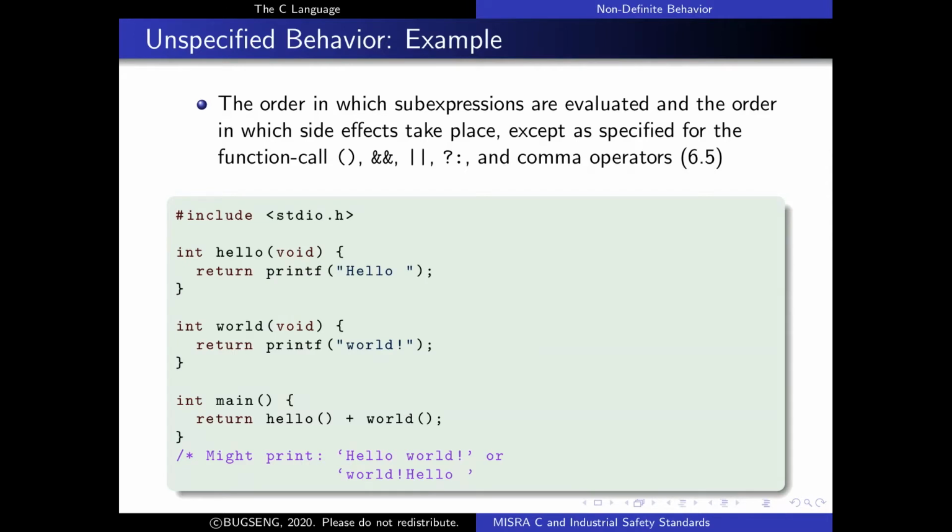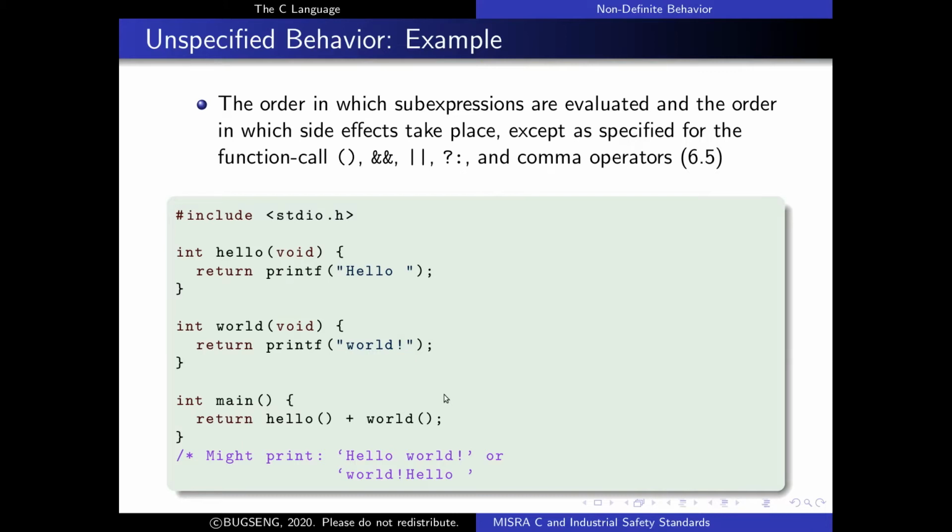Here is an example. It is unspecified behavior whether the sub-expressions in an expression are evaluated in one order or the other. So here we have the main program that returns hello plus world. So there are 2 function calls.